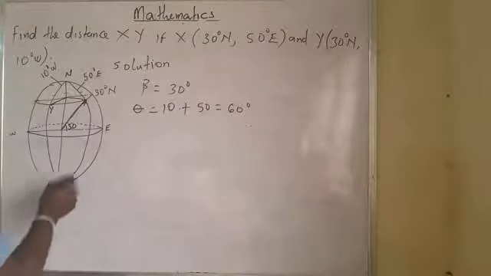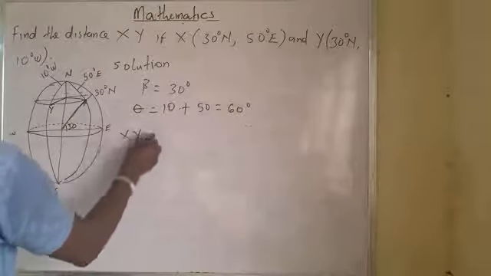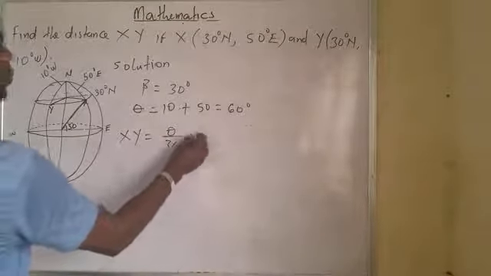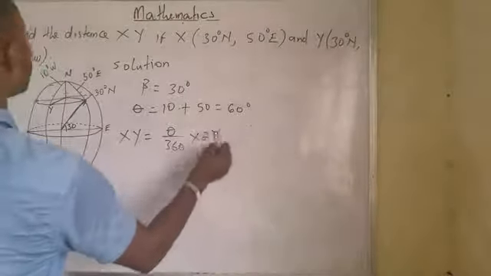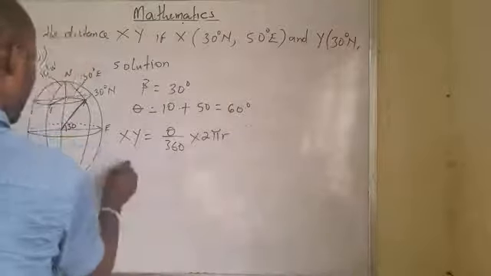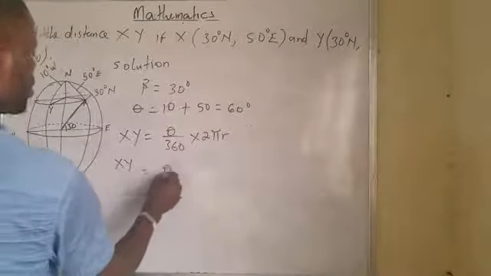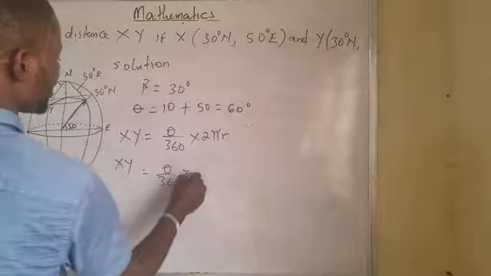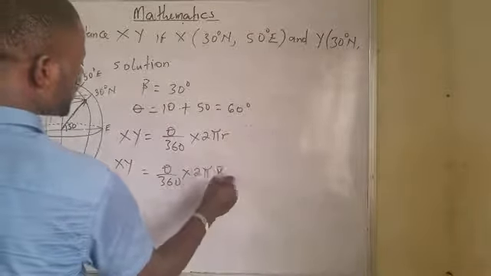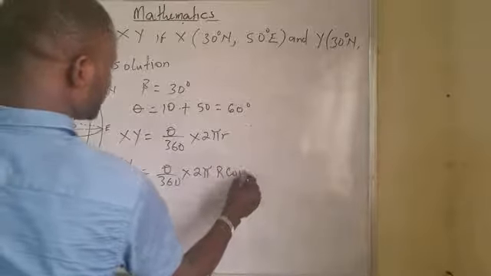Now it means the distance between x and y will be equal to theta all over 360 multiplied by 2 pi small r, where small r is big R cos beta.